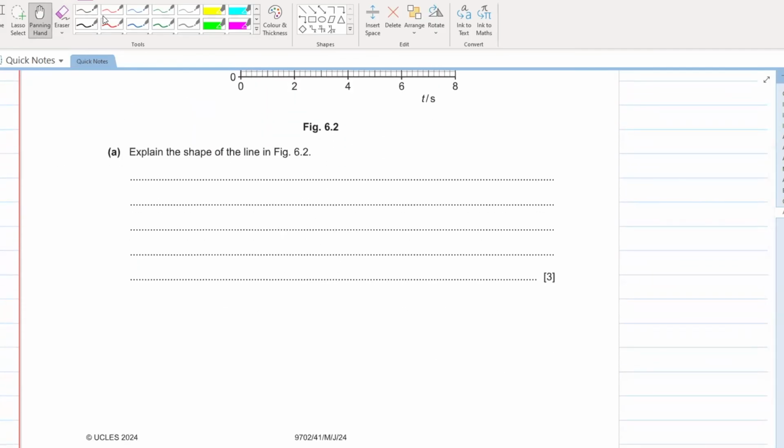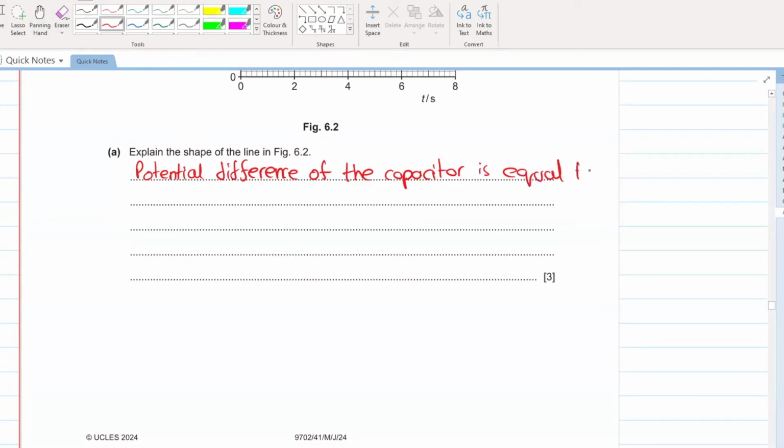You can write it like this: the potential difference of the capacitor is equal to the potential difference across the resistor.